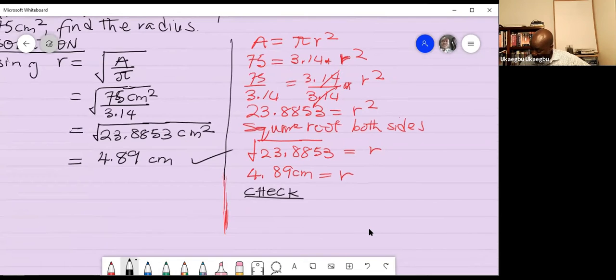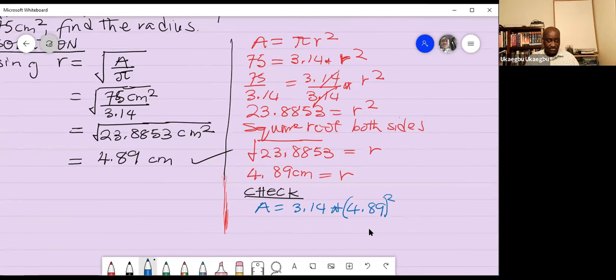So let's do that one. Her suggestion is just say area is equal to 3.14 multiplied by 4.89 squared, because that's the radius. And then you use your calculator once again.